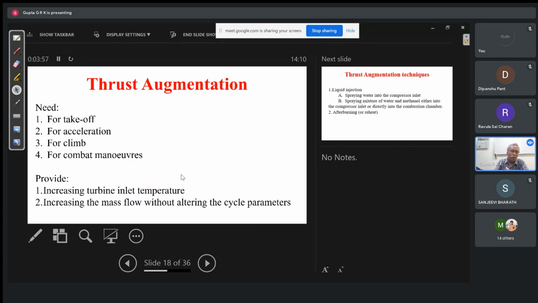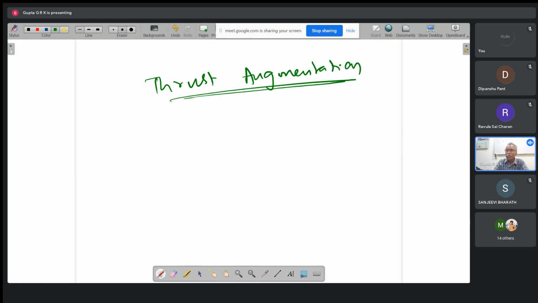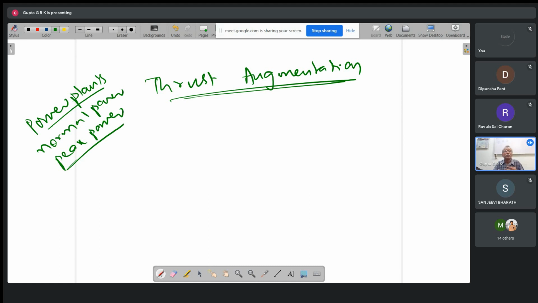Okay, there is one more concept called thrust augmentation. This is very important. In industrial gas turbines, as I told, industrial power plants, there will be normal power and peak power. As I told, sometimes there will be peak timings where I need additional power, some more power.